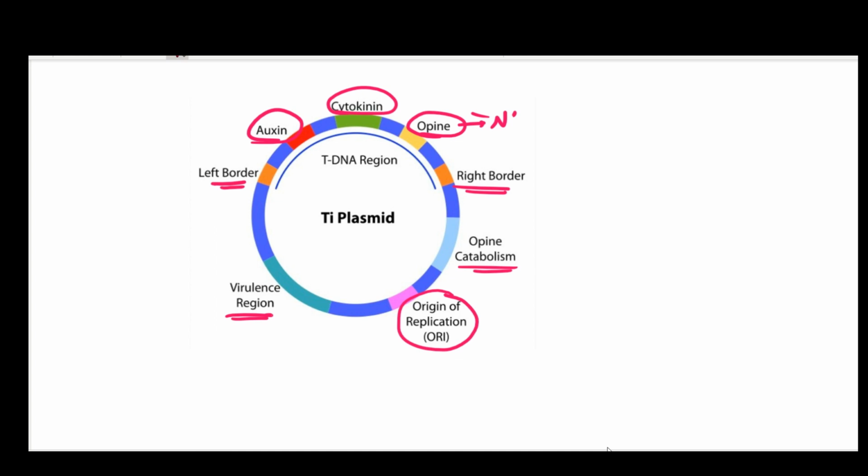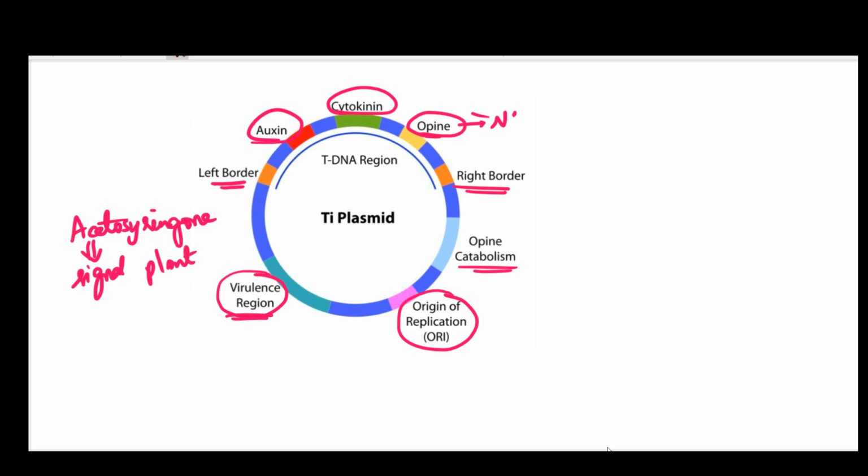Virulence gene means first the bacterium has to infect the plant, right? So there are several genes present within this region. They help in entry of the bacterium into the plant, where these Vir genes interact with certain signal compounds present in the plant, such as acetosyringone. This is the main important signal present inside the plant.